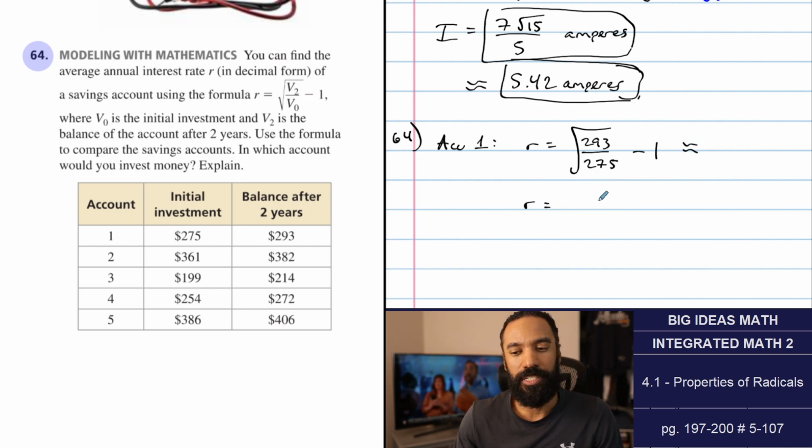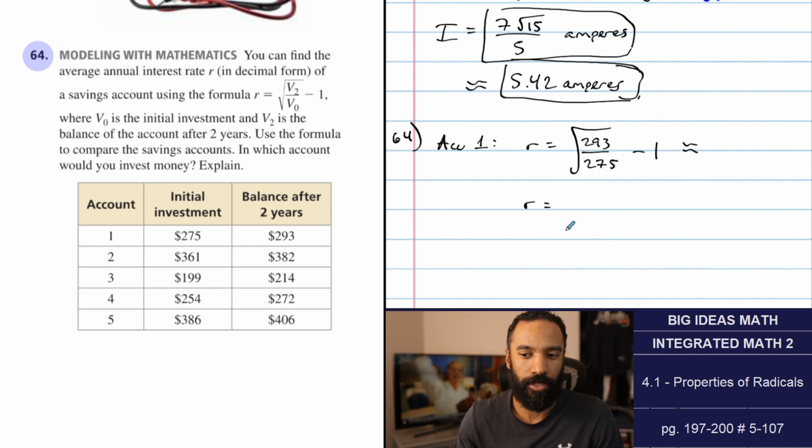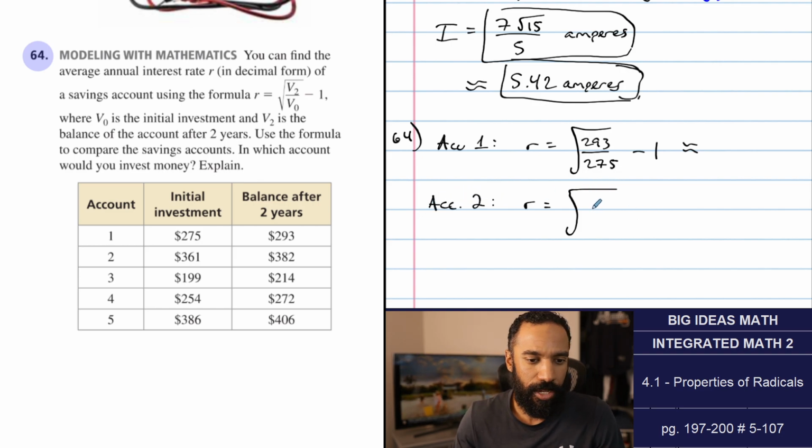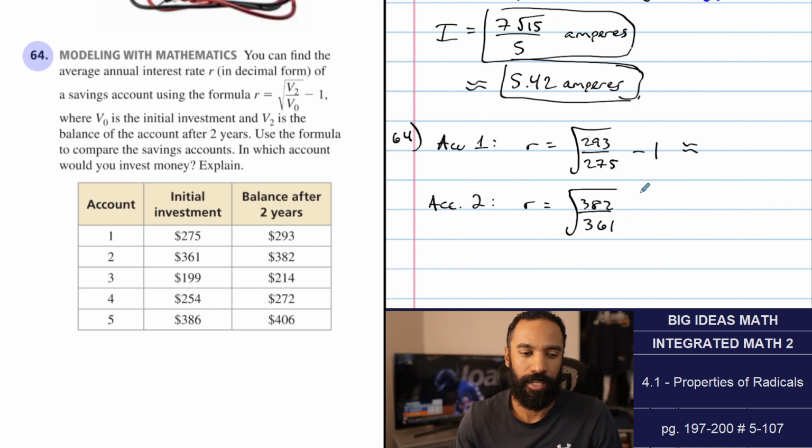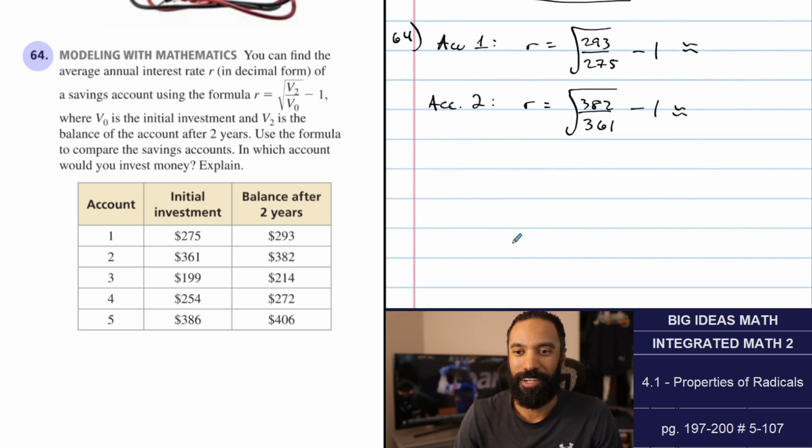Now these are decimal values that have a percentage equivalence that I will write at the very end of this one. Account number 2 is going to be R equals 382 over 361. You're like, gee, after 2 years, you only got $20. I mean, listen, I think they're making more than I get in my accounts. That's why it's all about the stock market now.